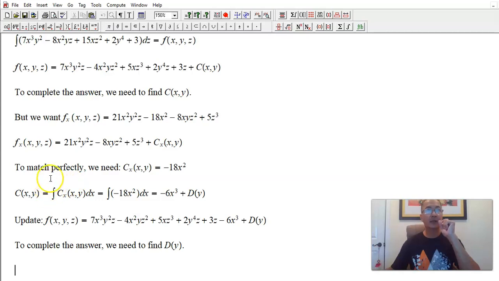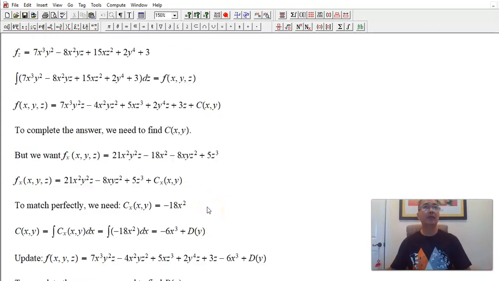But to find the c of xy, we needed to match the partial derivative with respect to x in the first component. We notice everything's there except the minus 18x squared. So we take that antiderivative, we get minus 6x cubed. We're now missing a constant function with respect to y, constant in x and z; there is no x or z in d, only y.